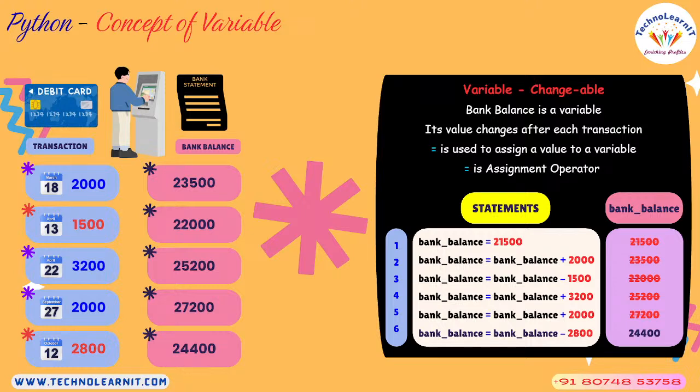How? You have to consider the current bank balance, which is 21,500. That was the bank balance before you made this transaction, and you need to add. Why add? Because it is a credit operation. You need to add 2,000 to that. So the statement becomes bank balance is equal to bank balance plus 2,000. This is interesting.